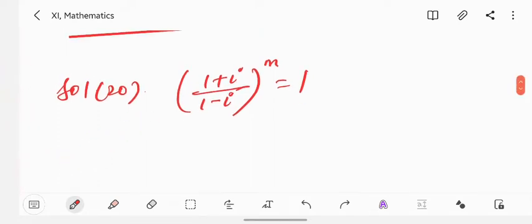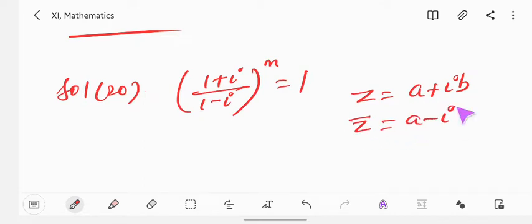I hope you all know about the conjugate. Conjugate of a complex number a plus ib is given by z bar equals a minus ib. Okay.